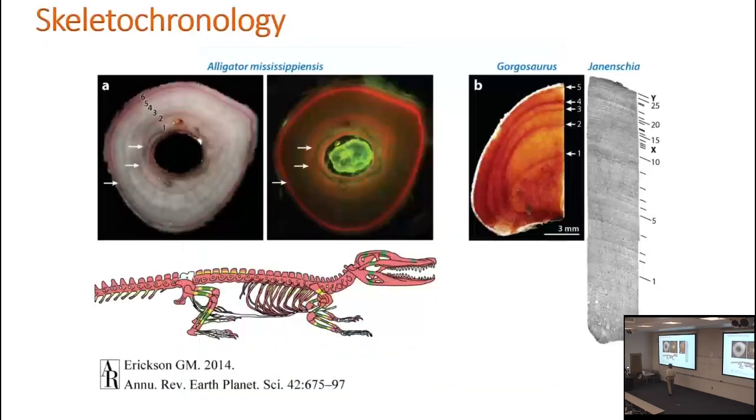But at the dawn of this century, new work, which technically was based on work that he was doing in the 1990s, Greg Erickson and colleagues developed the use of these growth rings that occur naturally in lots of vertebrates as an estimate of figuring out how old the dinosaur or other organism was at the time of death.